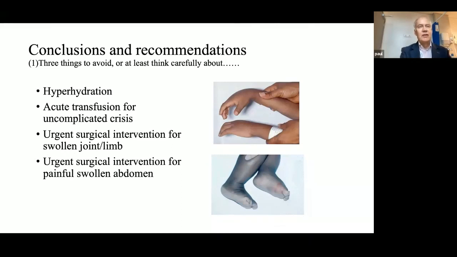Another thing that we've learned over time is that surgical intervention can sometimes be needed, but sometimes surgical intervention is unnecessary and potentially harmful. If you show an orthopedic surgeon, for instance, a child or an adult with a swollen limb, that will usually provoke them to want to do a surgical procedure to drain a supposed osteomyelitis. In general, particularly in young children, a swollen joint or a swollen limb is not a bacterial infection.